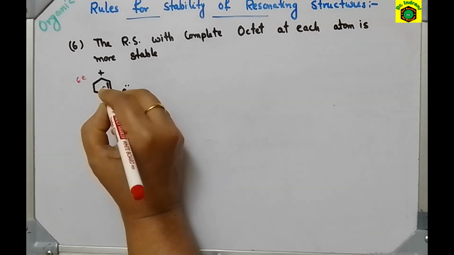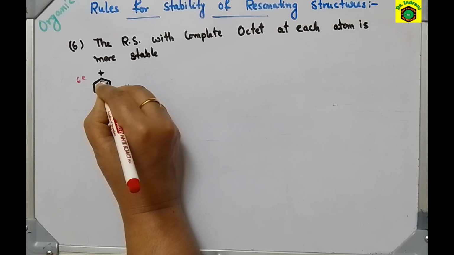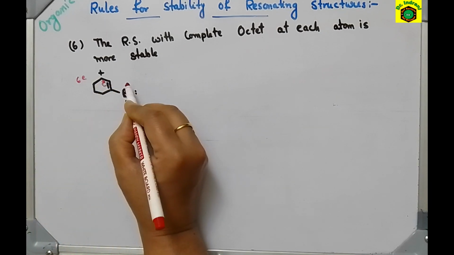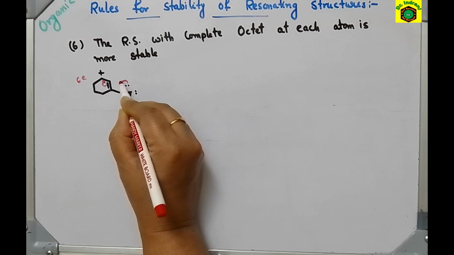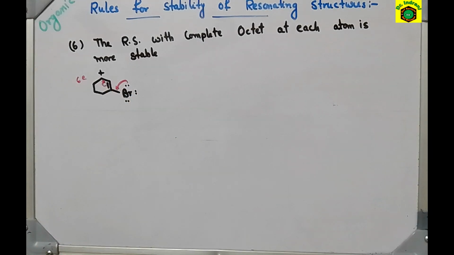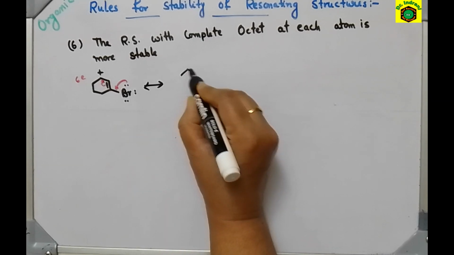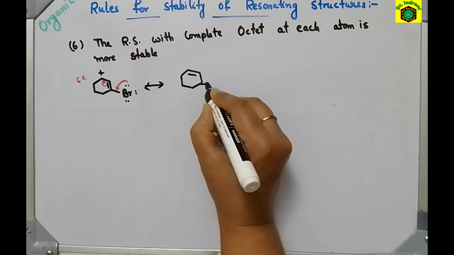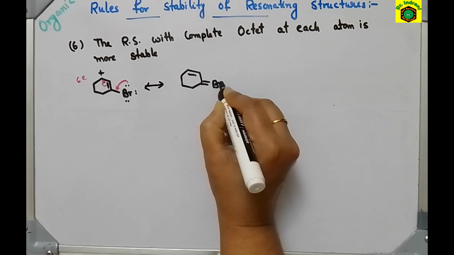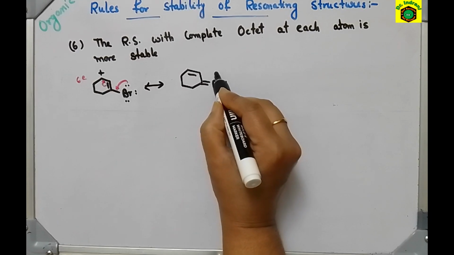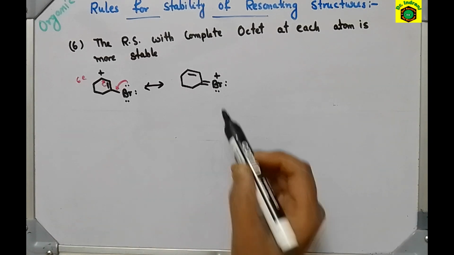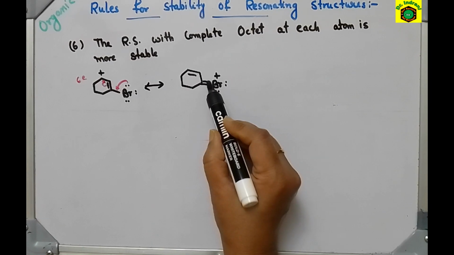Now we have to show resonance. This pi electron density will be transferred here and here lone pair will be transferred here. So what will be the resonating structure? Formal charge here positive. Now see here 1, 2, 3, 4, 5, 6, 7, 8.